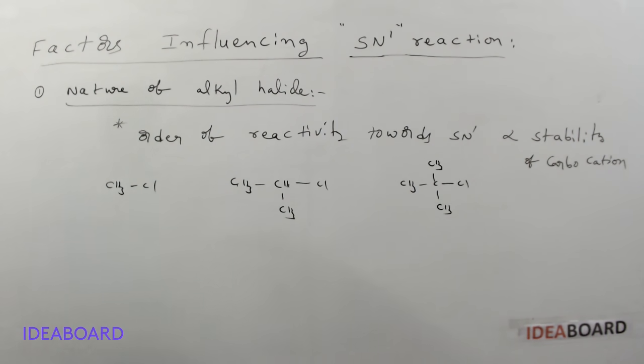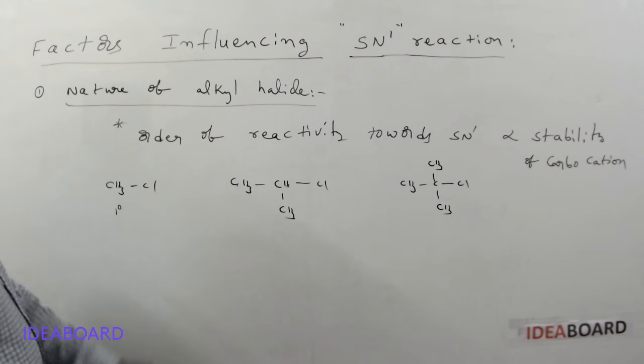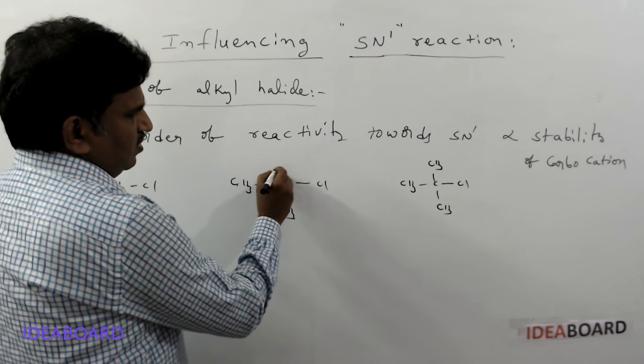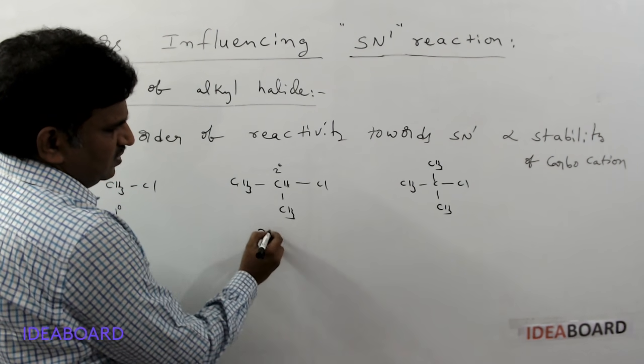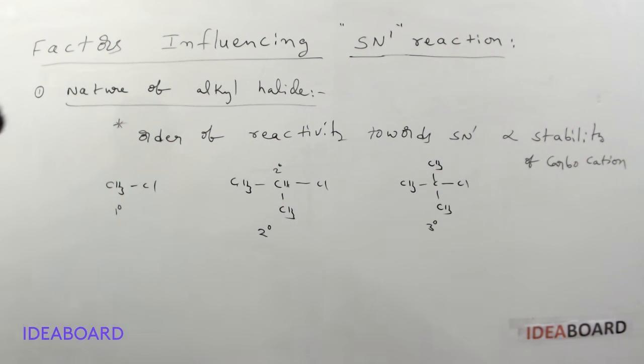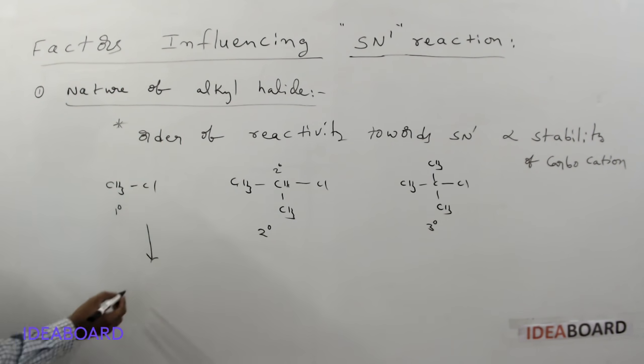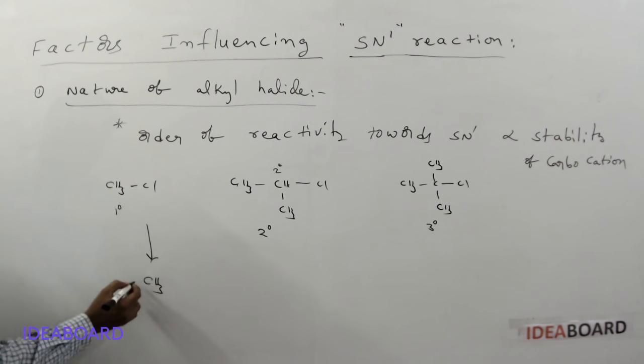This is called a primary alkyl halide or a methyl halide, this is a secondary alkyl halide, and this is a tertiary alkyl halide. If it undergoes the first step of SN1, what carbocation is formed?